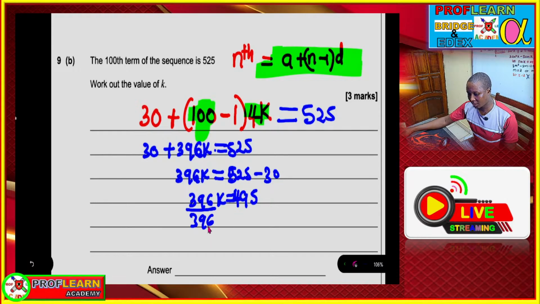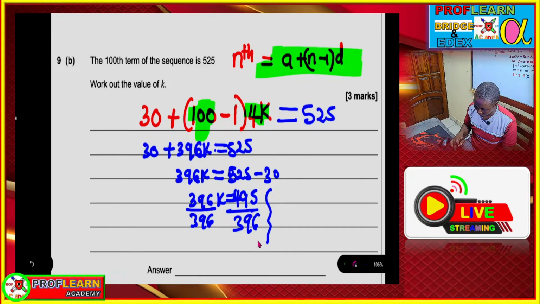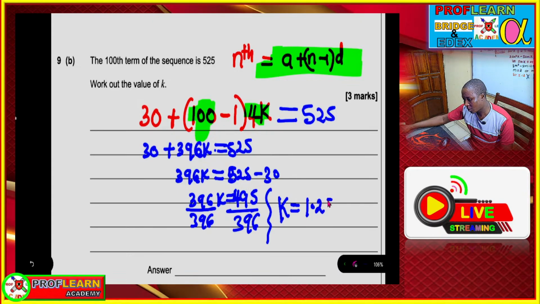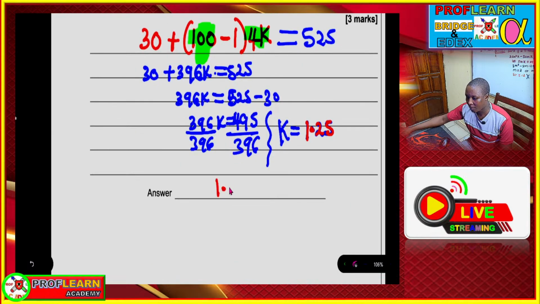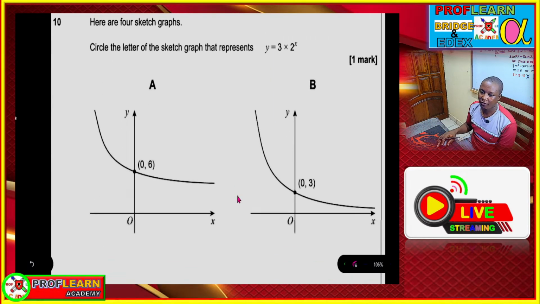Divide by 396. Working it out, 495 divided by 396 translates to 1.25. So k equals 1.25.